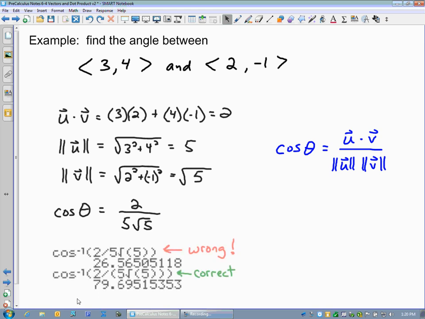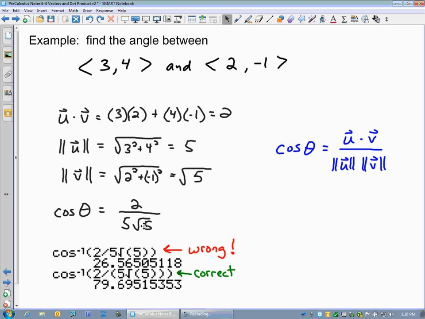So let's look at two different ways to put it in the calculator. The common way I see that is absolutely wrong would be to put it in just like it looks, the inverse cosine of 2 divided by 5 root 5, and then closing the parenthesis for inverse cosine. But that gives you 26.56, etc. And that is the wrong answer. Because to put this in properly, you have to treat the entire denominator with a grouping symbol.